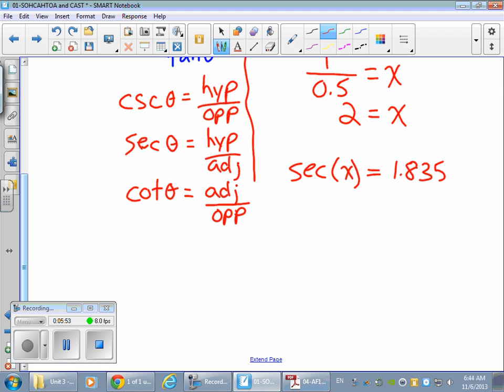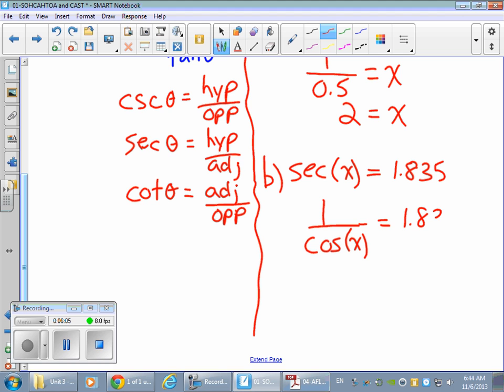The second one's going to be a little bit trickier. Not much, but a little bit. Understanding that secant is the same as 1 over cos, I can rewrite it in that way. Now, in order to solve this, I have to rearrange it. As if I had 1 over x here, I'd be looking to multiply both sides by x to isolate x.